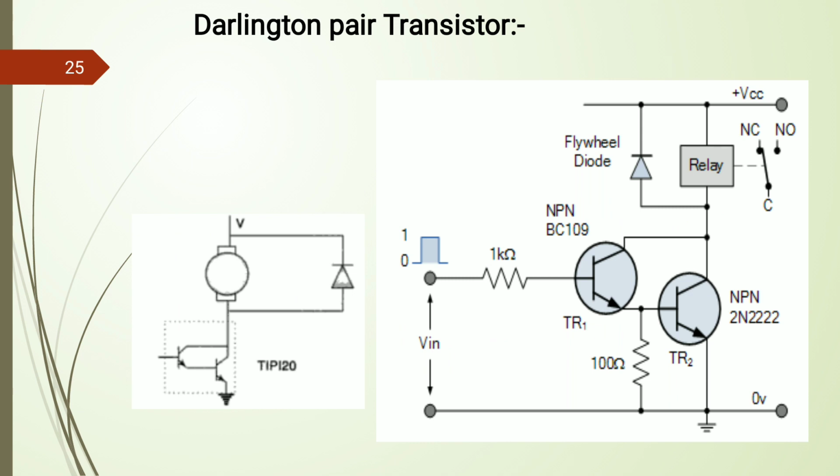Based on that we are able to connect our motor terminal either at NC or NO, and the positive terminal or phase terminal is connected at the common or pole, as we say the pole. So to drive the relay, activation of these two transistors is required.